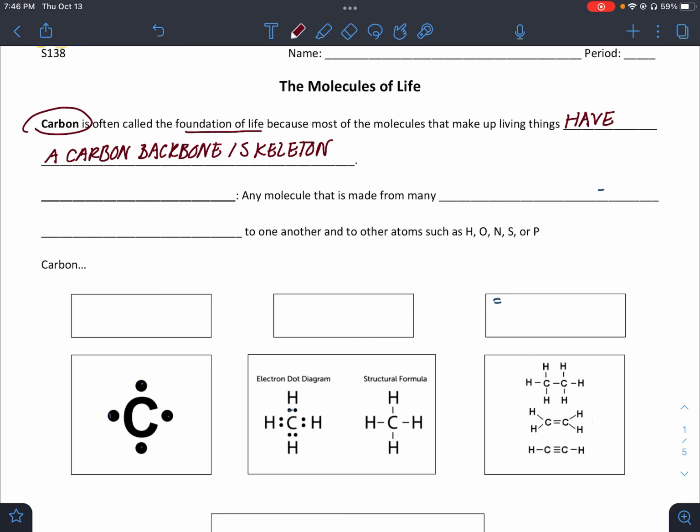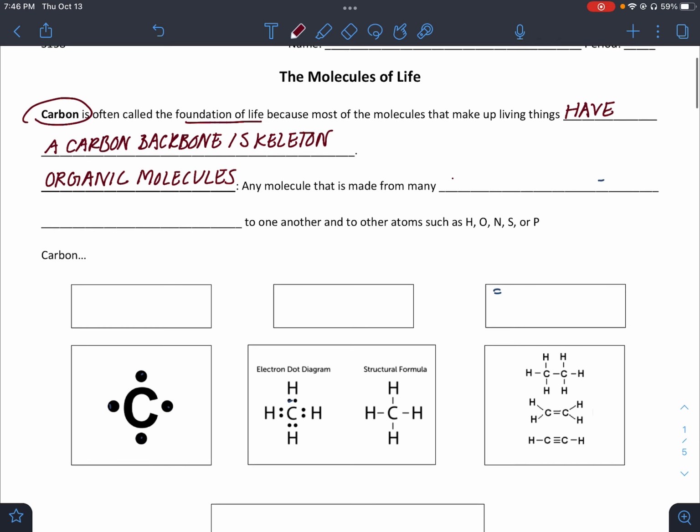When we talk about these molecules that are made up of carbon and that make up the parts of living things, we call these molecules organic molecules. Okay, so these are going to be any molecule that are made up of a series of carbon atoms that are bonded to one another.